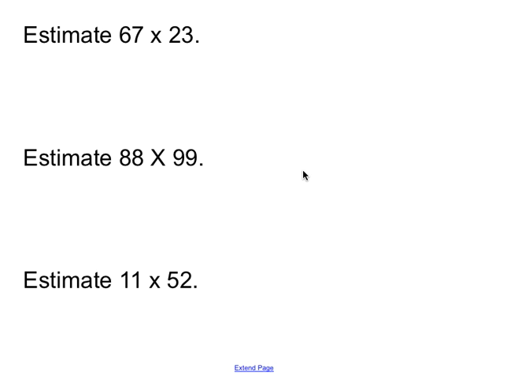So we're going to start with the first one. Estimate 67 times 23. Again, now I'm rounding both factors. Okay, so watch me. 67 rounded to the nearest 10 is 70. Now 23 rounded to the nearest 10 is 20.